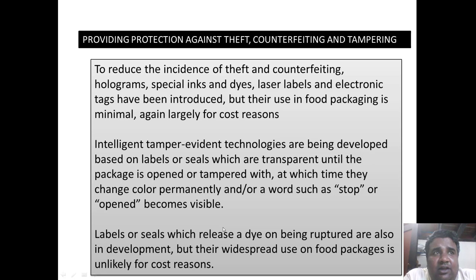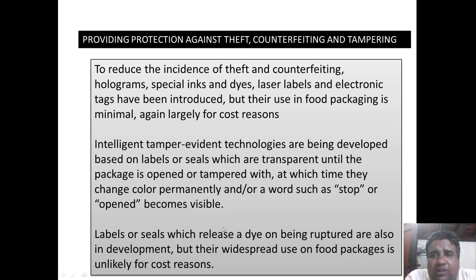What they do basically is remove the lid, empty half of the bottle, and then fill it with cheap liquor. This type of cheating is very common in India.